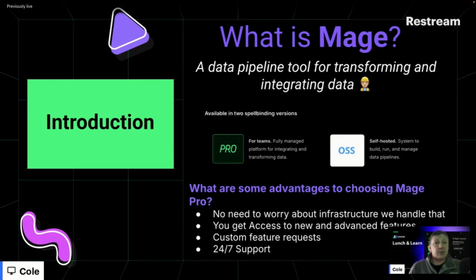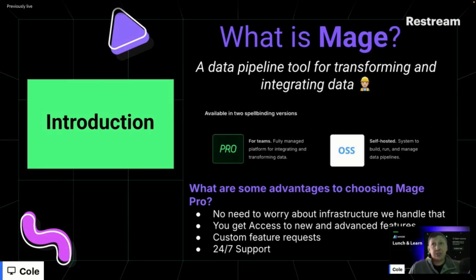So what is Mage? If you don't know, Mage is a data pipeline tool used for transforming and integrating data. We offer 2 versions of Mage. Mage Pro, which is our fully managed platform for integrating and transforming data, and Mage Open Source, which is a self-hosted system built to run and manage data pipelines.